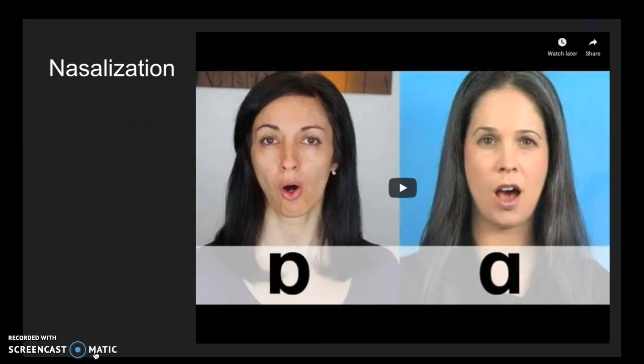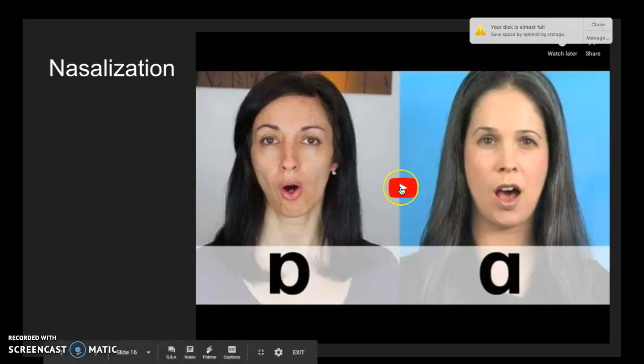Another type of co-articulation is nasalization, and that has to do with adjusting your vowel sound to make it even a little bit more nasally if it's being followed by an M or N sound. So she does a great example with the word ham here. And it's interesting because the American is going to use a lot of nasalization, whereas the British English speaker does not.